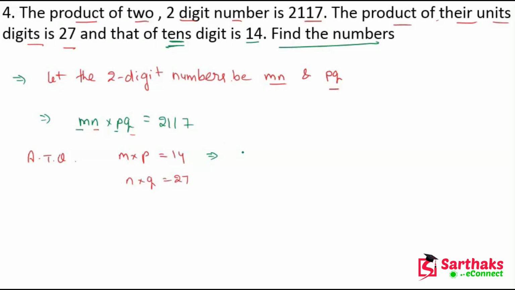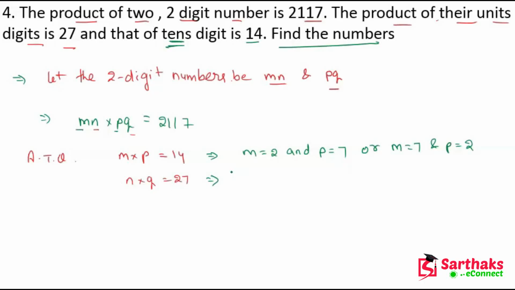So the product m into p is 14. It means m is 2 and p is 7, since 2 into 7 is 14. Now the other case is, it may be m is 7 and p is 2. So there are just two cases, 2 7 and 7 2.